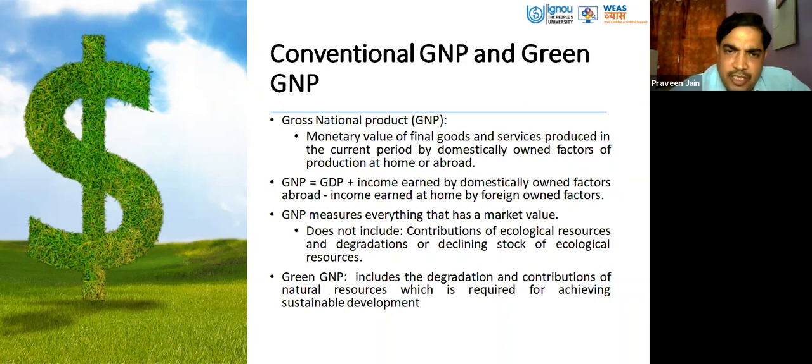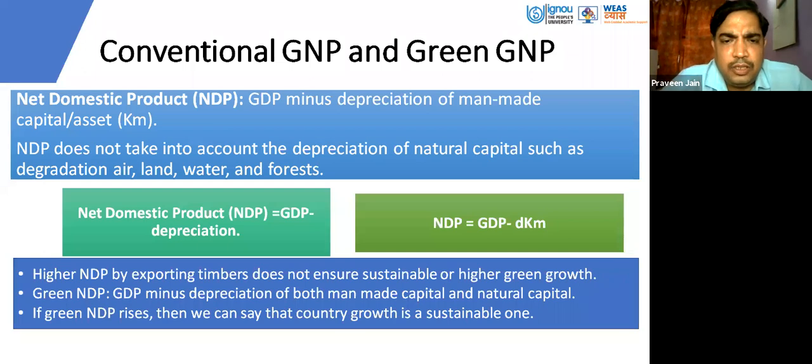So the difference between the conventional GNP and green GNP is that green GNP includes the valuation of degradation, or cost of degradation, and the contribution of the natural resources into national accounts. So we can measure the sustainable growth or sustainable performance or sustainable development.